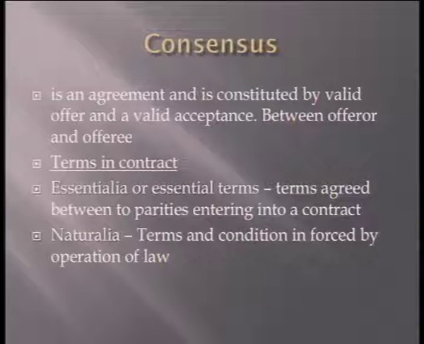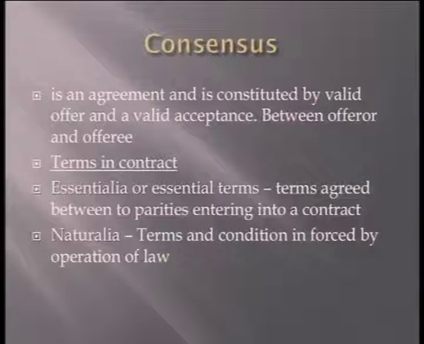Those are what we call essential terms, because both parties entering the contract have agreed upon the terms and conditions. And we have naturalia terms, terms and conditions enforced by operation of law. These are the natural terms that come in already. For example, if I'm buying something from your shop, the law itself already provides that if this property is not in a good condition, I have a right to return it to you.